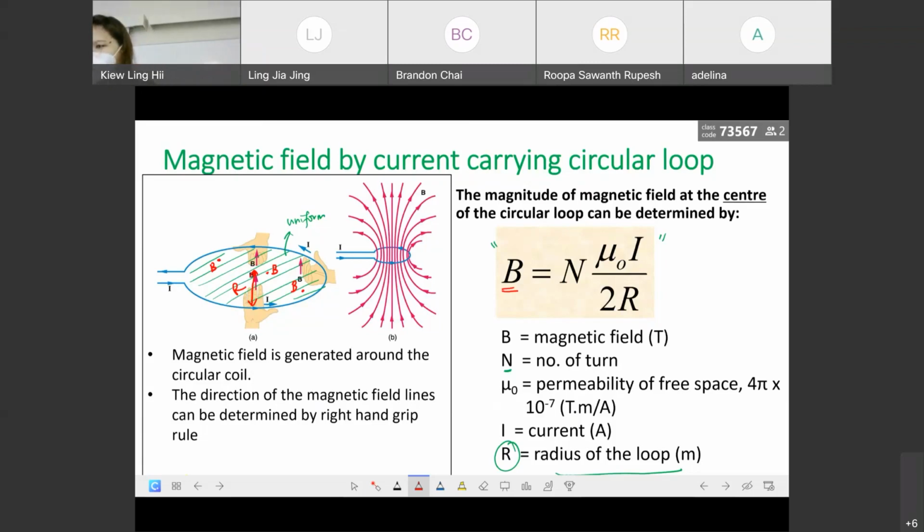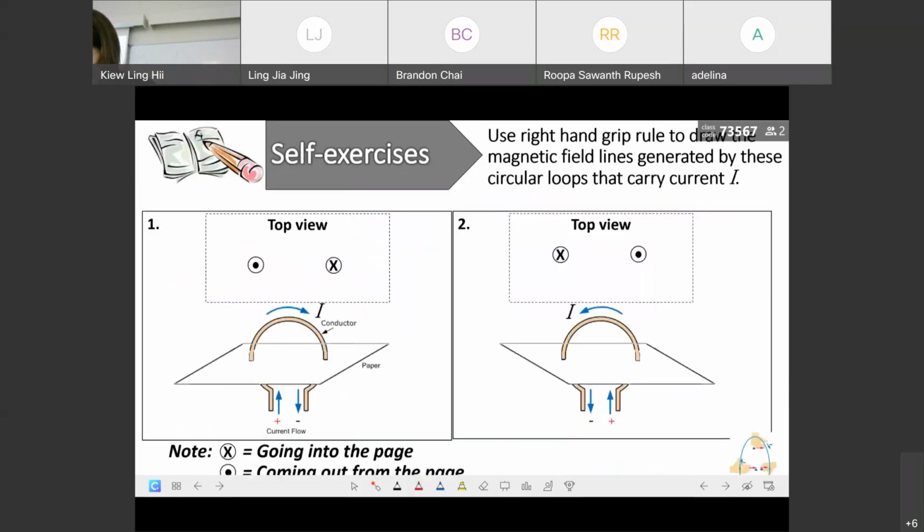At the center region of your coil, your magnetic field is going up like this, right? So you can determine it also with the right hand grip rule. This is actually in your pre-lecture videos. So use your right hand grip rule to determine the directions.